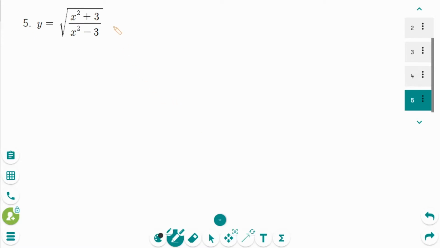Number 5, we can rewrite as ((x squared plus 3) over (x squared minus 3)) to the power of 1 over 2. Use the general power rule first.